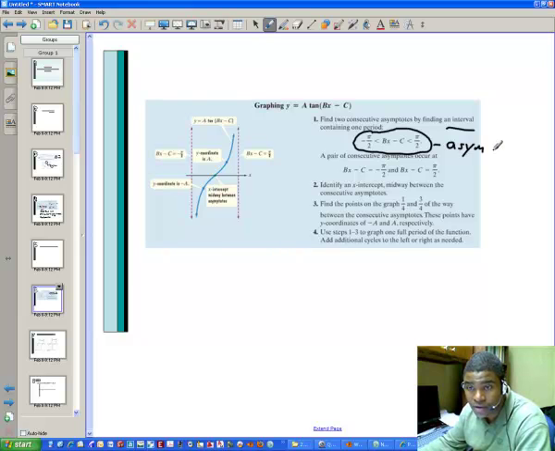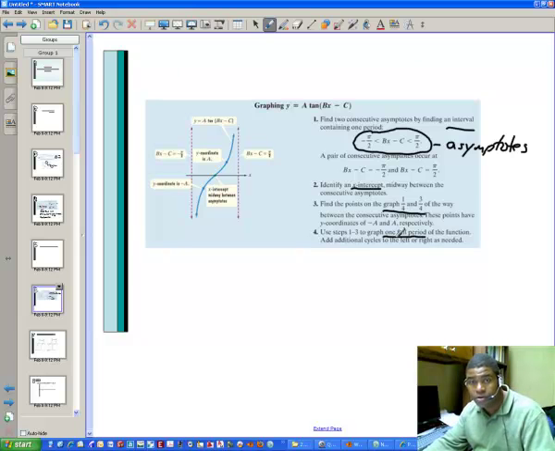Again, the function does not exist at these particular intervals. We use bx minus c to calculate this interval notation. The second thing we'll do is define the x-intercept, and again, that's the midway point. Then we can plot some points along the graph, and we'll graph one full cycle or one period.